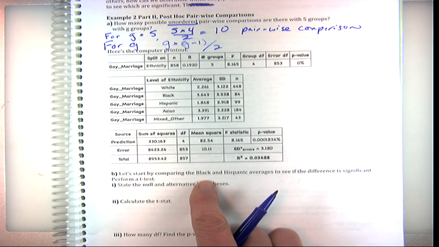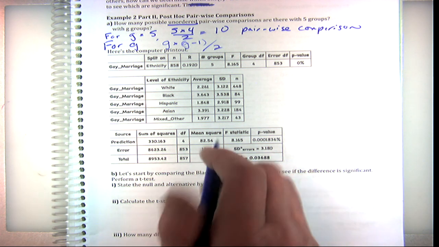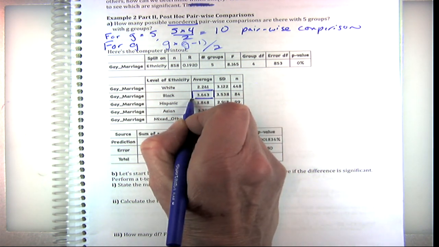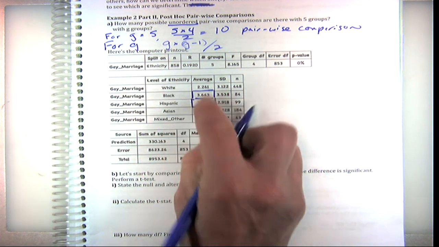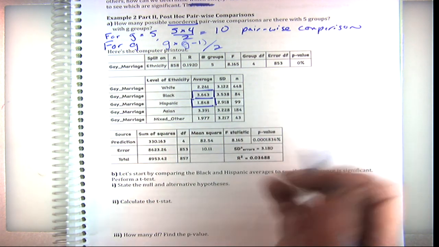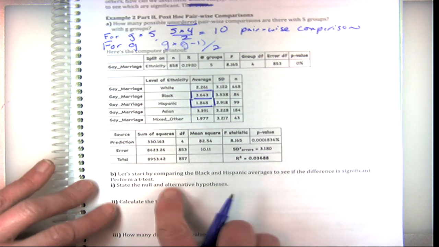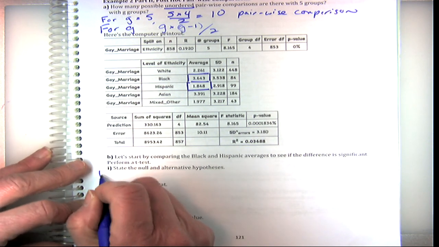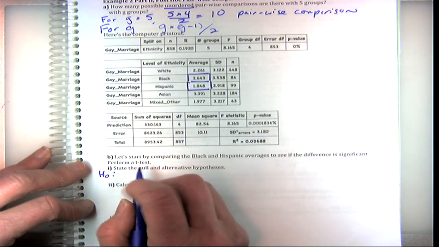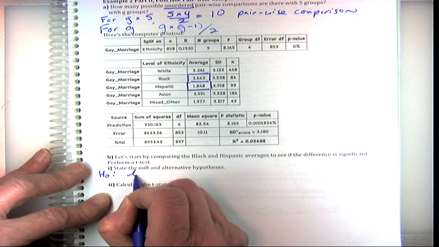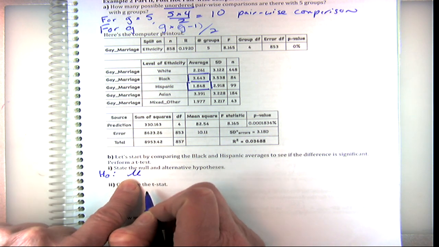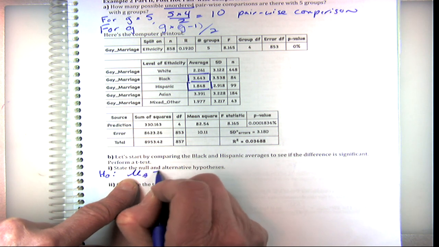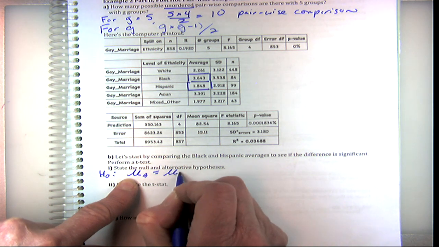But meanwhile, let's start by comparing, let's just say, what are we going to do here? We look and we see these averages, and we see the blacks are the highest here, most opposed, and the Hispanics are the least opposed. So I want to look at that difference. I'm just curious, is that significant? So you state the null and the alternative hypothesis. The null is the usual: in the population, the mean of the blacks is equal to the mean of the Hispanics.